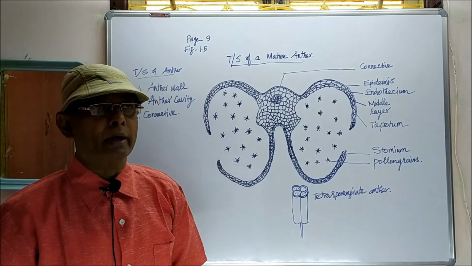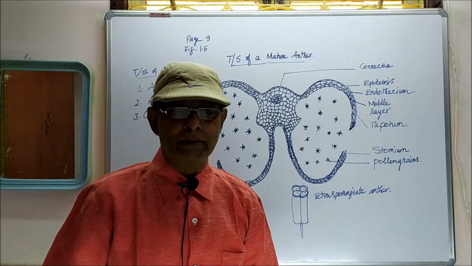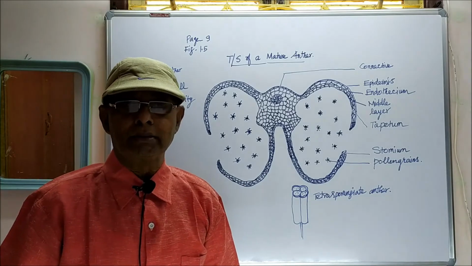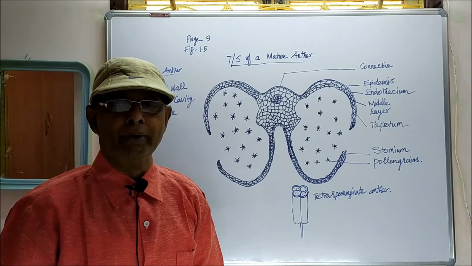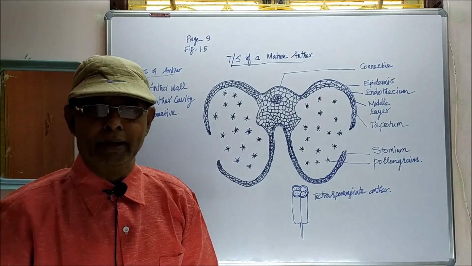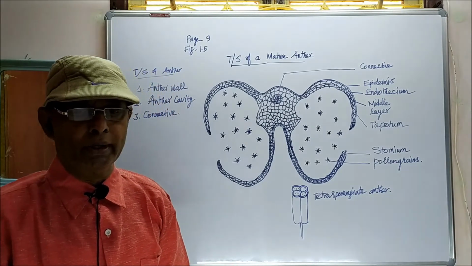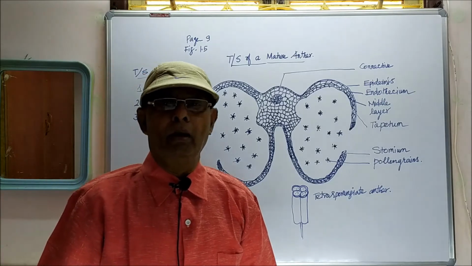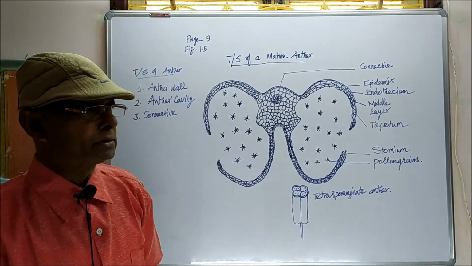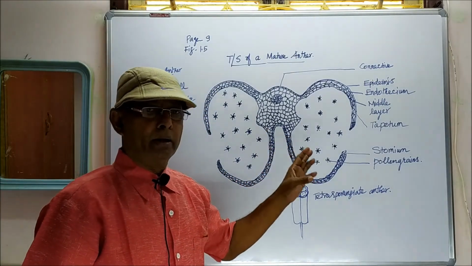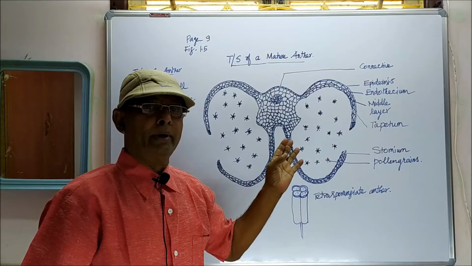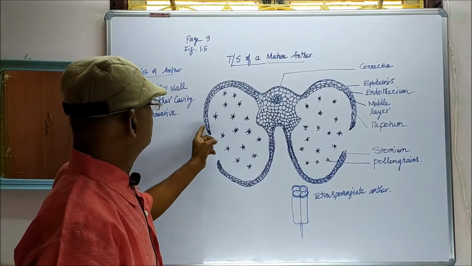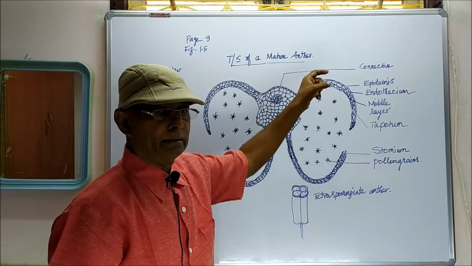The anther wall, as I told you, consists of 4 layers. One is epidermis, second is endothecium, third is middle layer, fourth is tapetum. What is epidermis? The epidermis is the first, outermost, protective layer, present as a uniseriate layer outer to the anther.